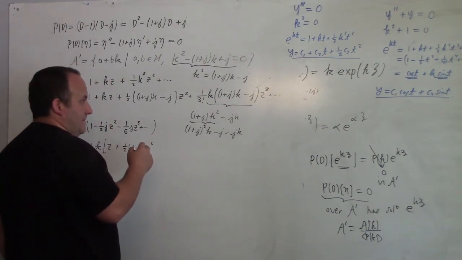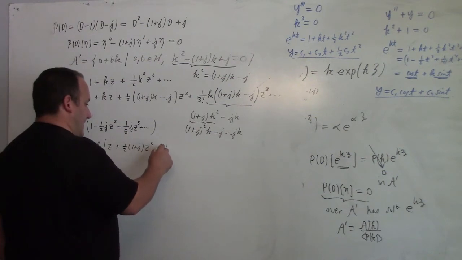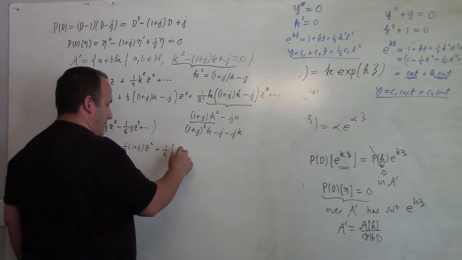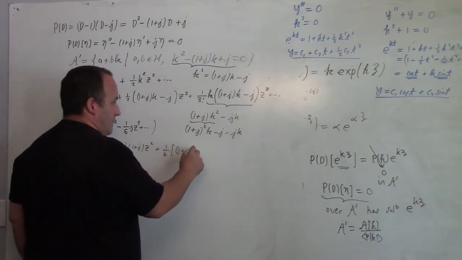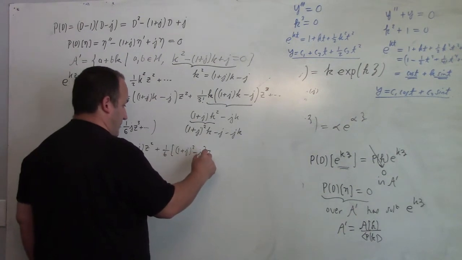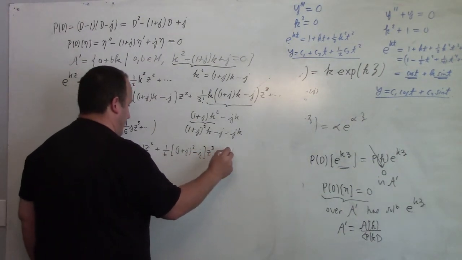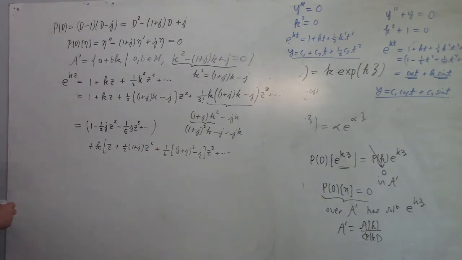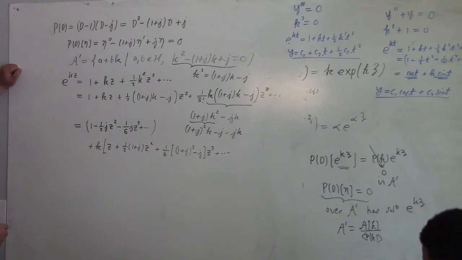Plus 1/6 of the 1 plus j squared minus j, minus j z cubed. J squared minus j z cubed.